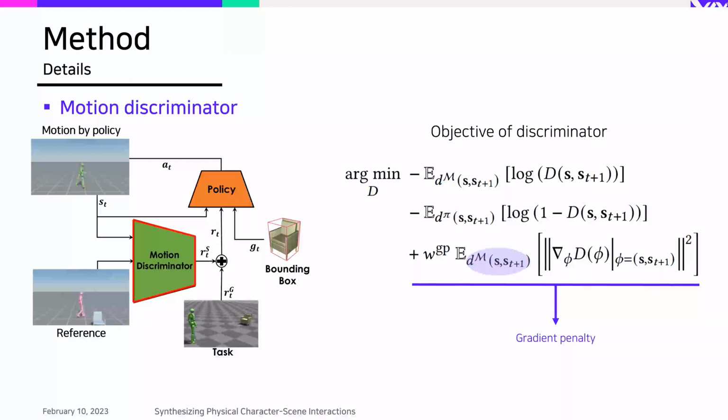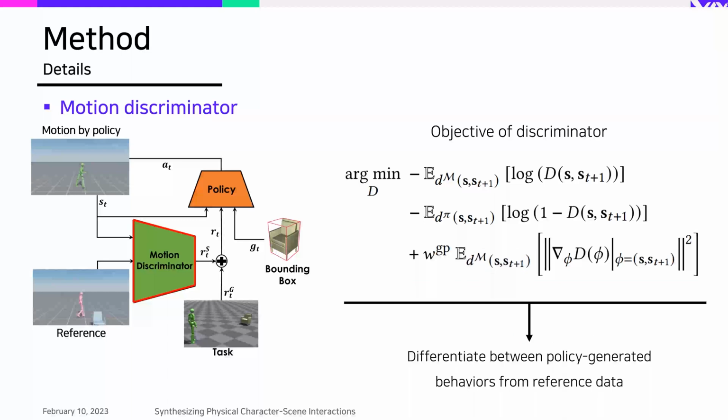The last term is the gradient penalty introduced in AMP. This term penalizes non-zero gradients on samples from the real dataset to make training more stable. By minimizing these three terms, the discriminator is trained to differentiate policy-generated behaviors from reference data.